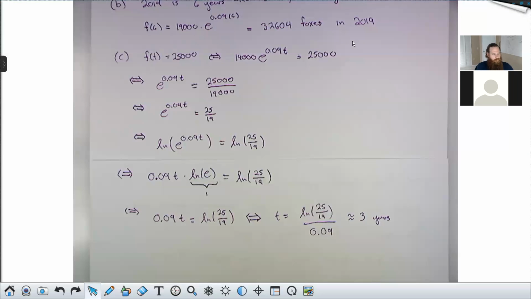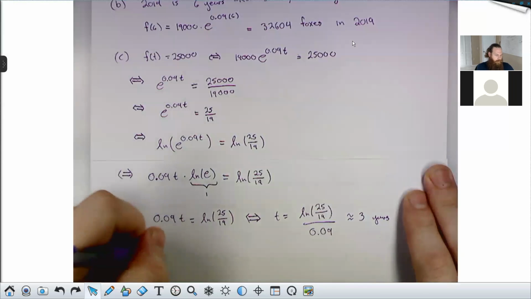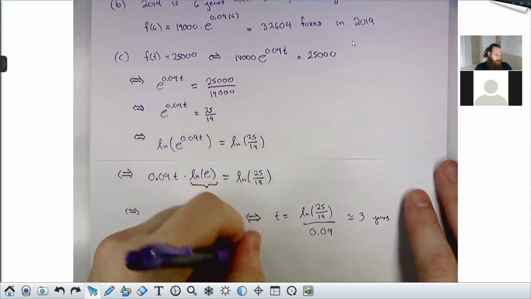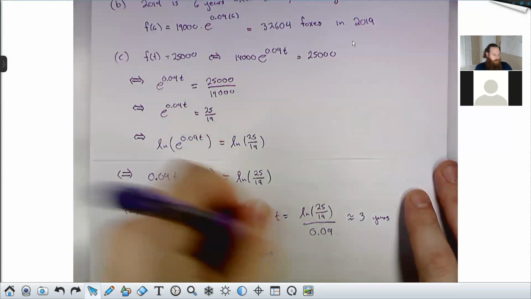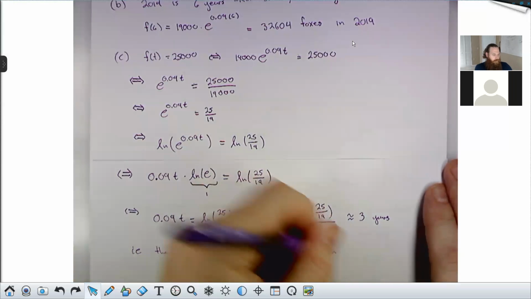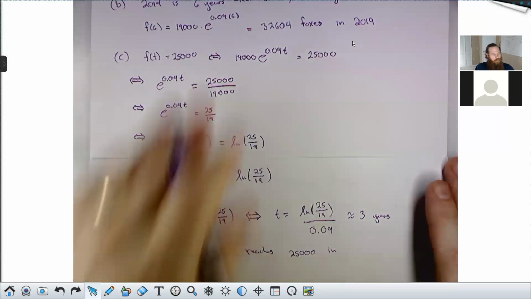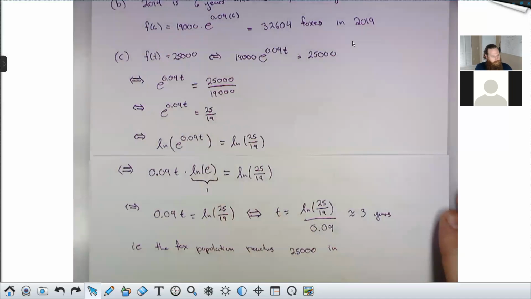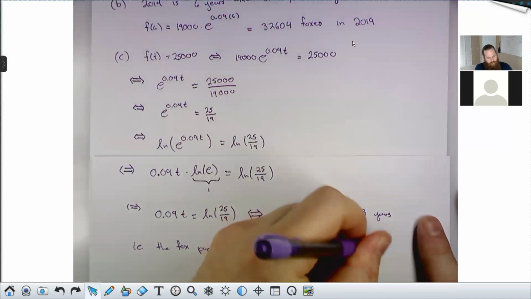In other words, the fox population reaches 25,000 in what year? 2016. Good. 3 years after we started counting. We started counting in 2013, so that's 2016.